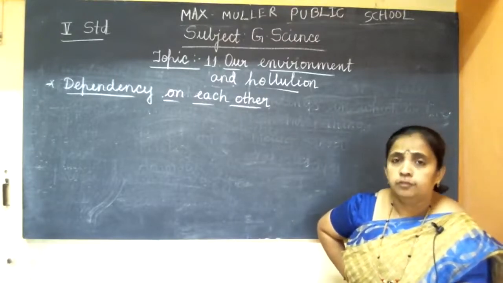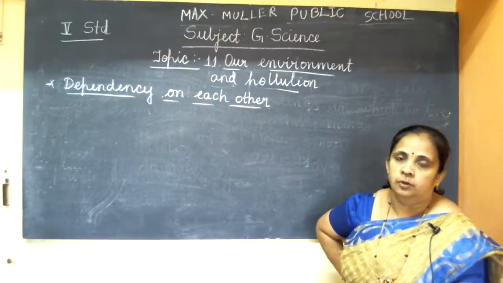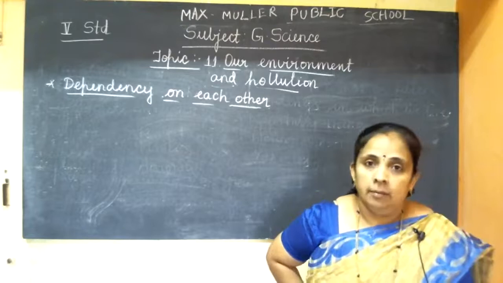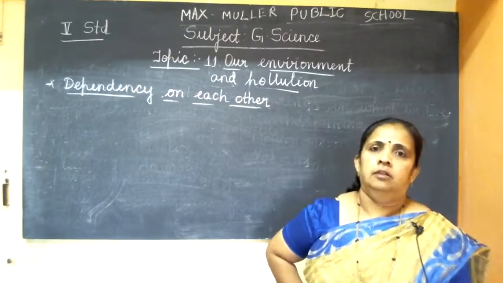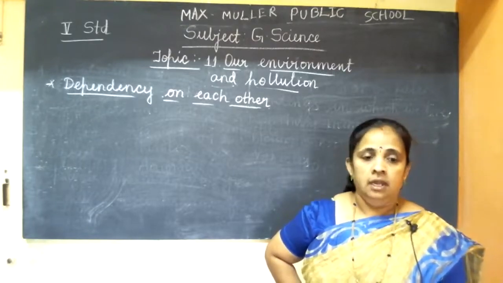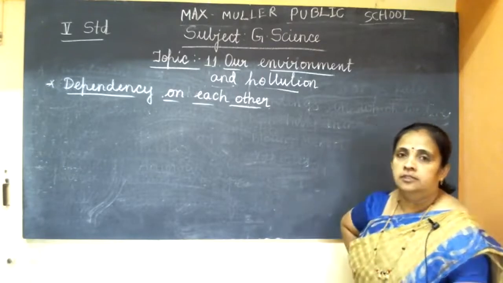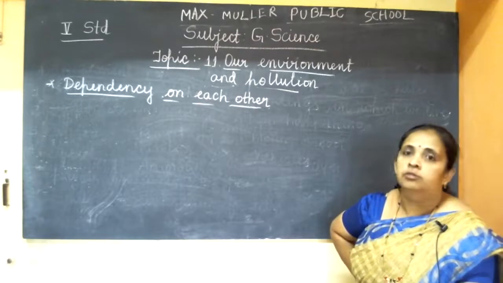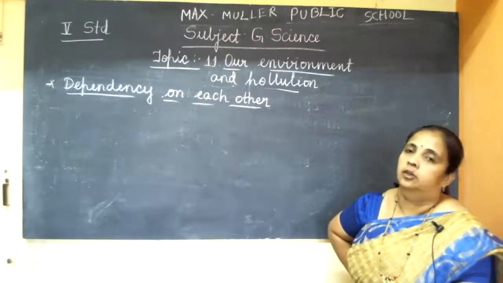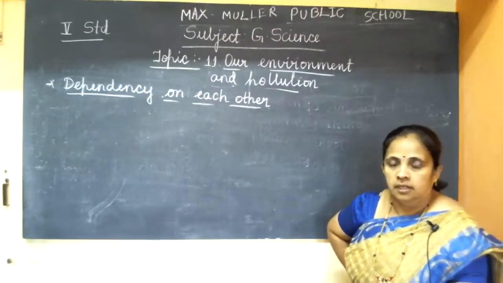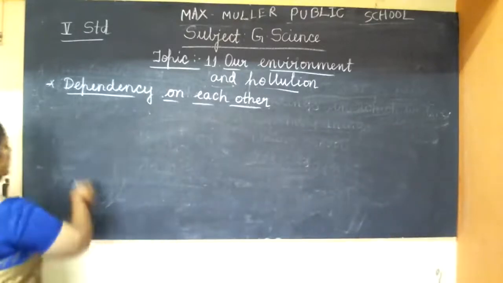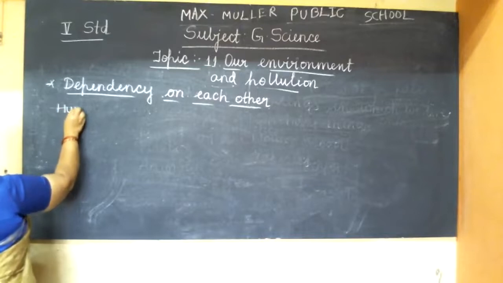So we get some of the medicines from plants also. We use rubber, eraser, we use gum, we write on paper. All these are got from the plant. And the furniture in our house is made of wood. The doors, windows are made of wood. So from where do we get all that? We get all that from the plants. So humans are dependent on plants.